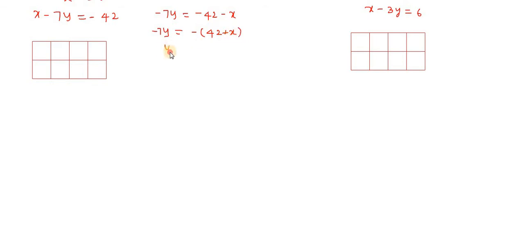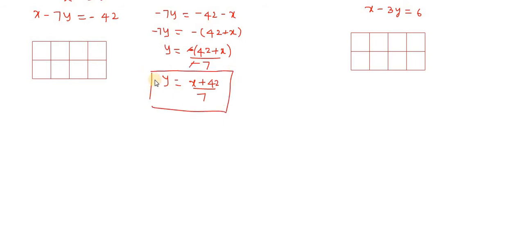So then y is equal to 42 plus x divided by minus 7. Here minus and here minus get cancelled. So y is equal to x plus 42 by 7, or 42 plus x by 7, both are same.